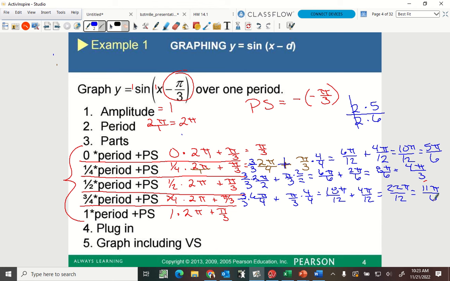And this one's going to give me 2 pi over 1, right? Plus pi over 3. So this one, common denominator is 3. So 3 over 3. So it's going to give me 6 pi over 3 plus pi over 3, 7 pi over 3.